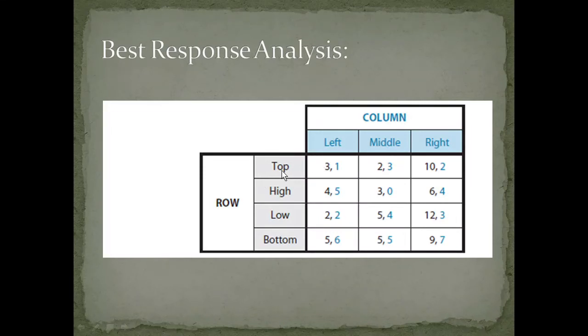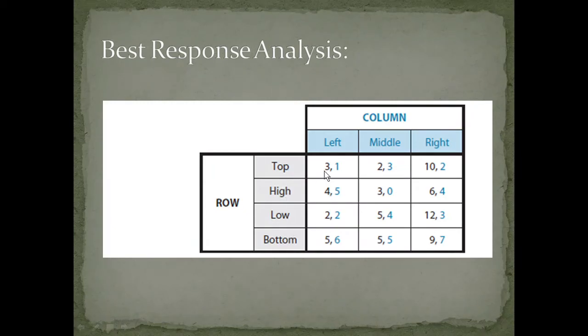Let's say the column player has played left. Then there are 4 options the row player can play: either top, high, low, or bottom.